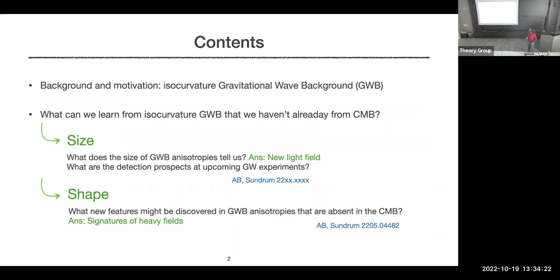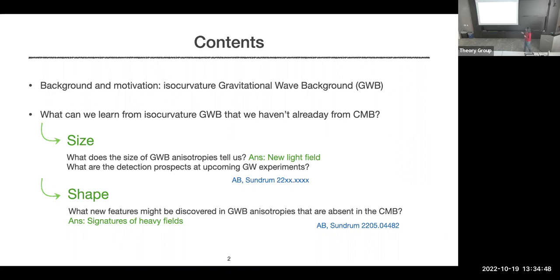Okay, so the rough outline of the talk is as follows. First, I want to give you some background and motivation for why we want to think about isocurvature gravitational wave backgrounds. After that, we want to ask what we can learn specifically about the isocurvature gravitational wave background that we haven't already learned from the CMB, which is adiabatic perturbations.